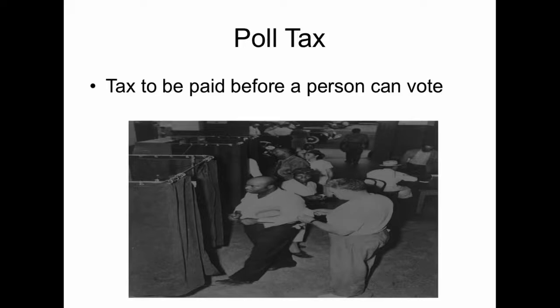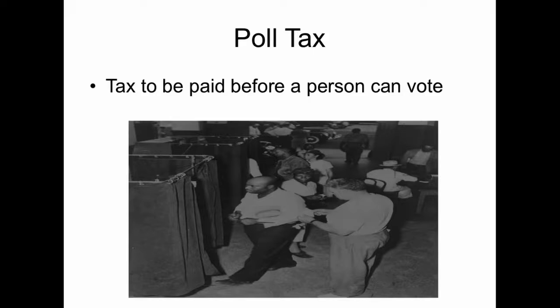And for most blacks in the South, they chose to feed their kids as opposed to casting a vote in an election that may or may not help them. And when the black population didn't vote, it didn't get represented, and it didn't move forward. So the poll tax was a way to discriminate against people who were poor, and the black population was the biggest of the poor populations at the time.